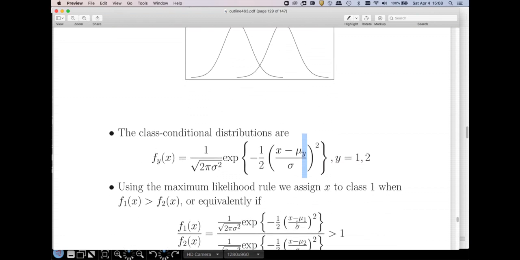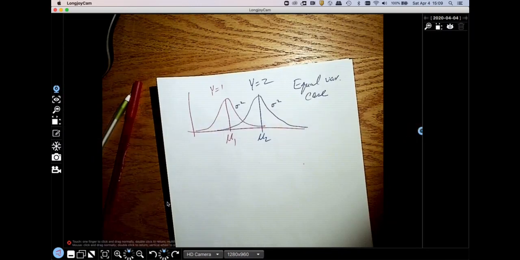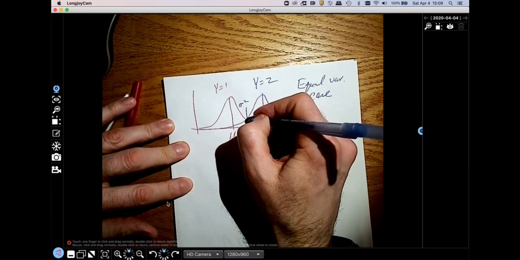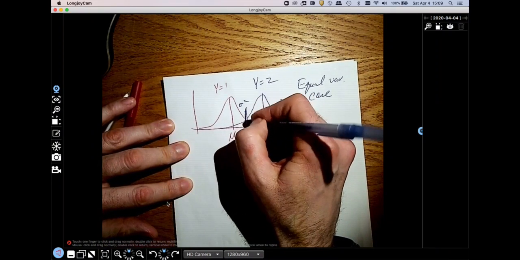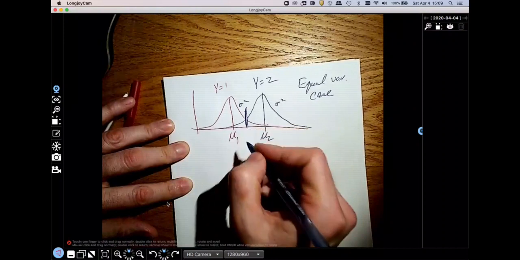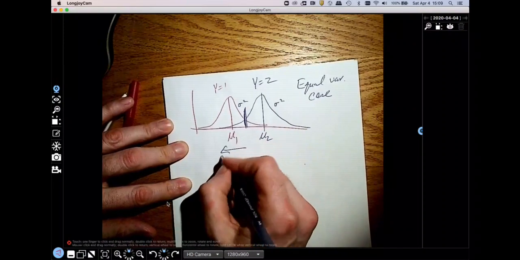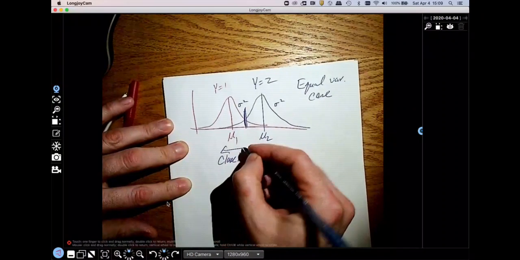All right, so remember the maximum likelihood rule? The maximum likelihood rule is assign to class 1 whenever the class-conditional distribution for group 1 exceeds the class-conditional distribution for group 2. So visually what that says is right here is the point of intersection. We're going to call these class 1.